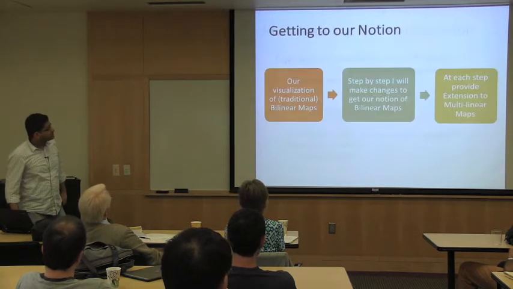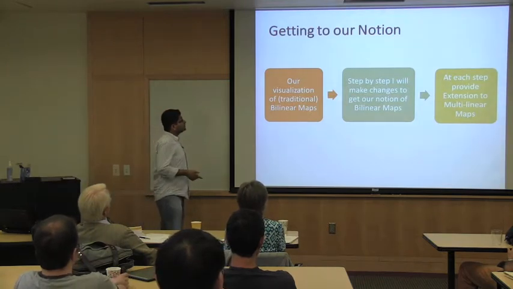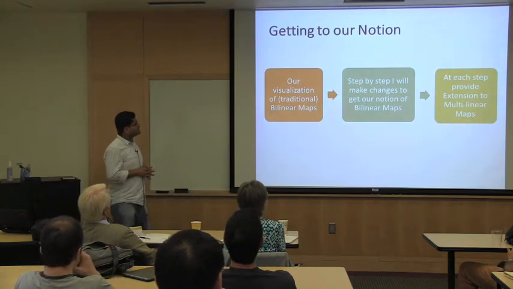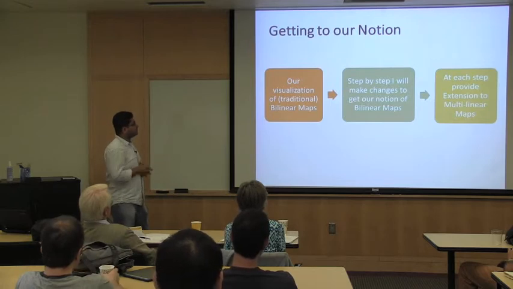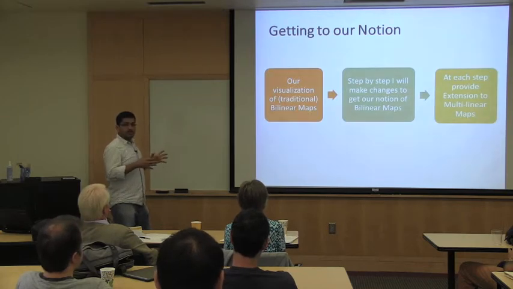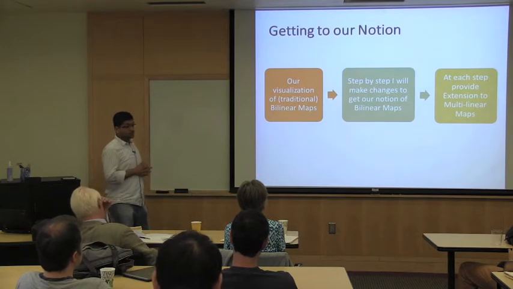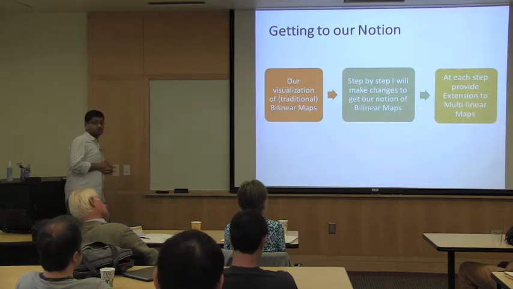Okay, so I'll give our notion, and how I'm going to give it is I'm going to first give a very simple pictorial visualization for bilinear maps, and then I'll step by step give the changes that need to be made to get our notion. And going from there to the notion of multilinear maps, which is the approximate multilinear maps for our setting, is going to be easy.